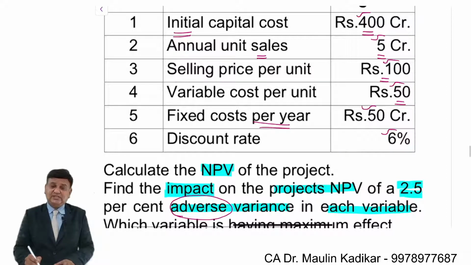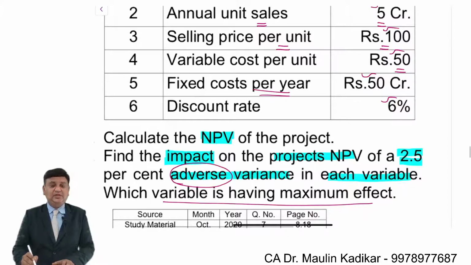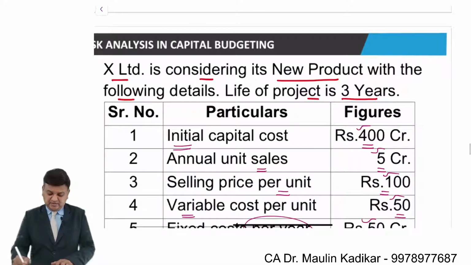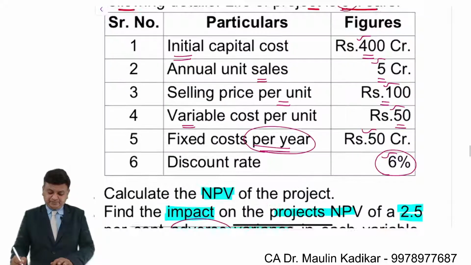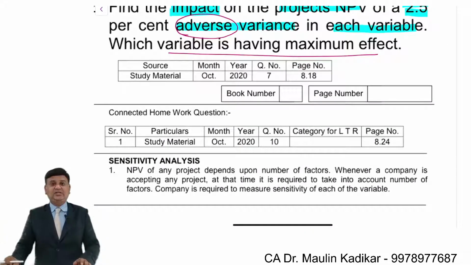Sales units decreases is unfavorable. Selling price per unit reduces is unfavorable. Variable cost per unit increases is unfavorable. Fixed cost increases is again unfavorable. Discounting rate increases is unfavorable. Life of the project declines is unfavorable. That is the way we are required to consider each of the variable change individually.